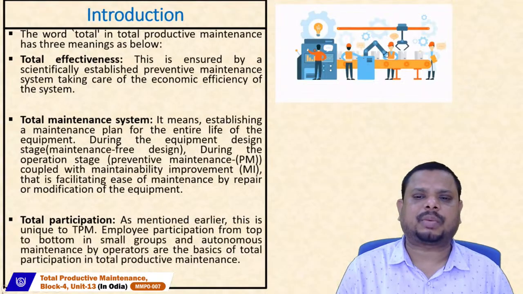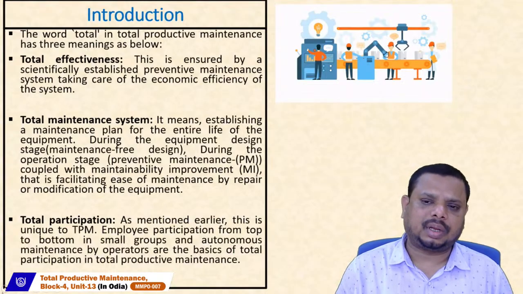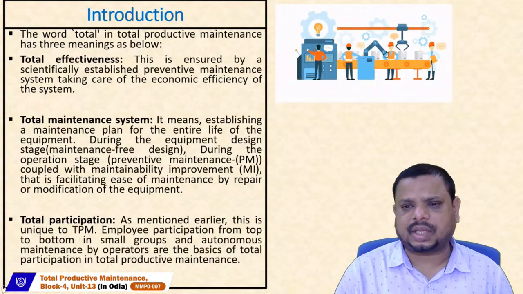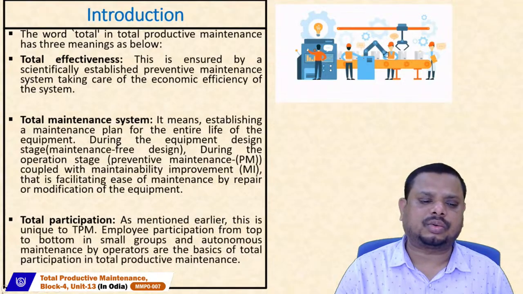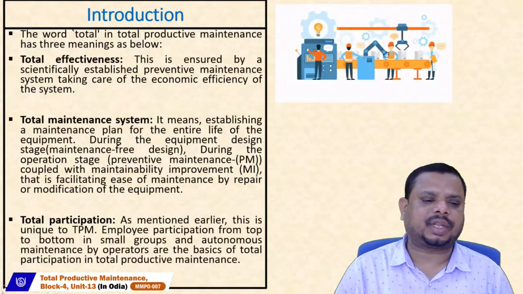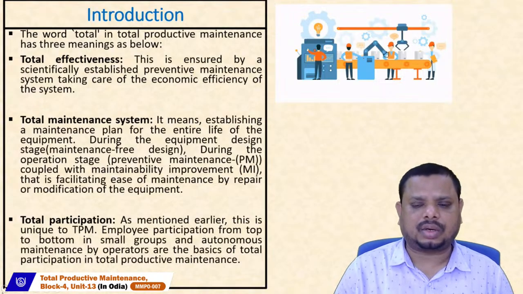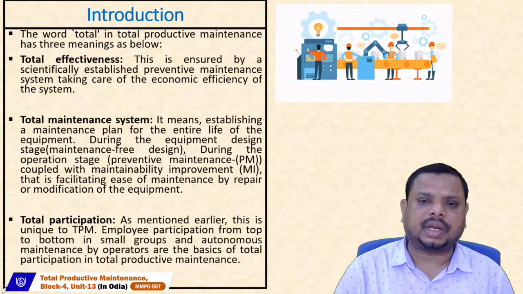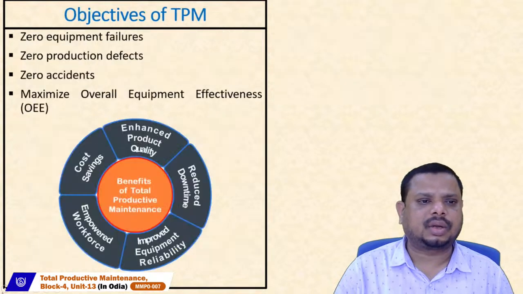So this means total participation of the top level of management, the middle level of management, and in most cases they also involve the operator to provide higher levels of maintenance, especially with reference to total productive maintenance. So this is all about the introduction of total productive maintenance.